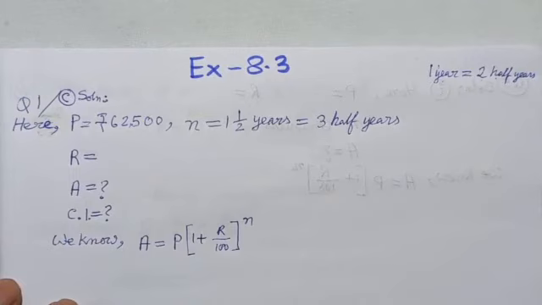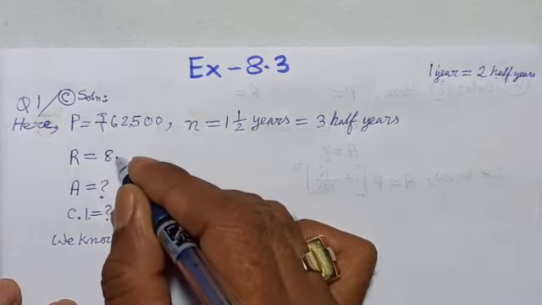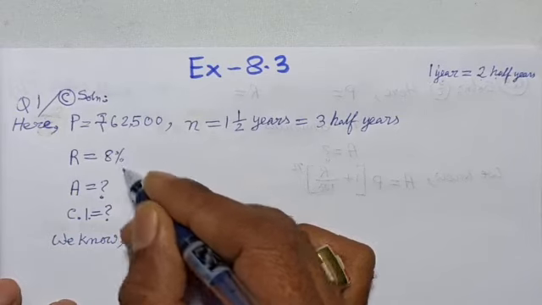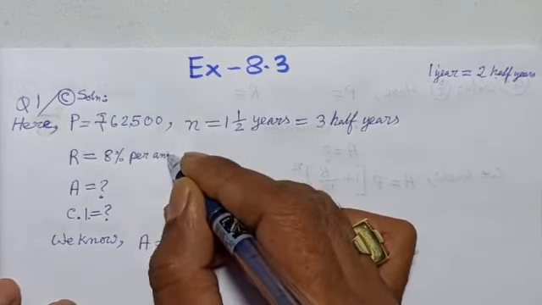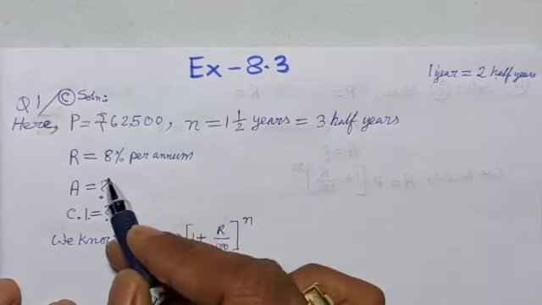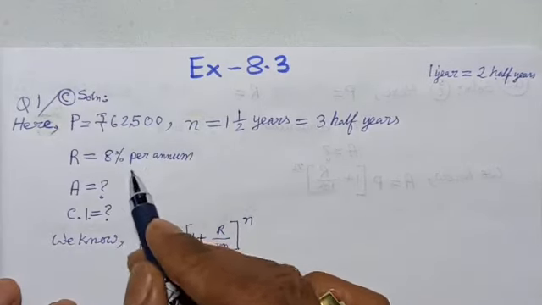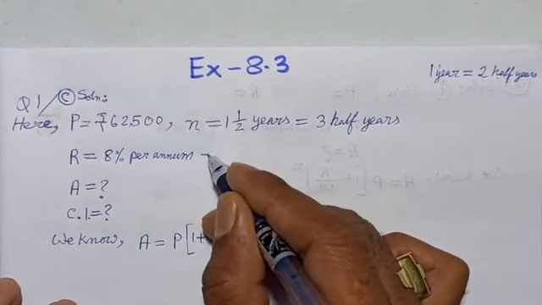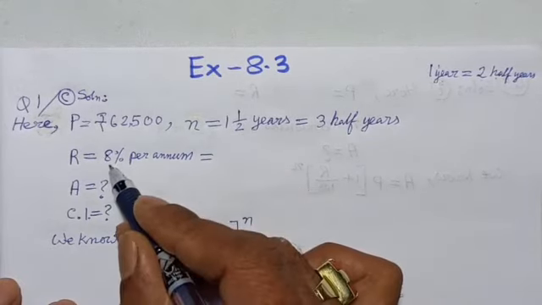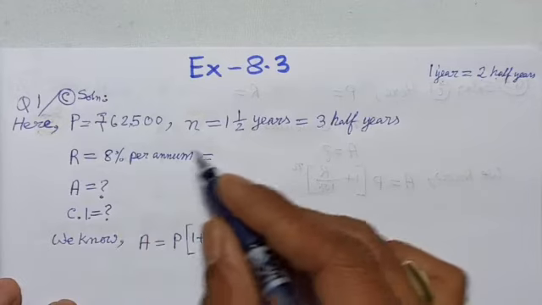Rate is given as 8% per annum. 8% per annum means 8% per year. Since interest is compounded half yearly, we also have to convert this into half yearly.